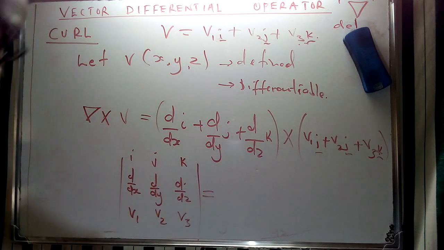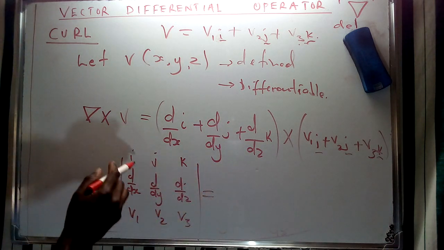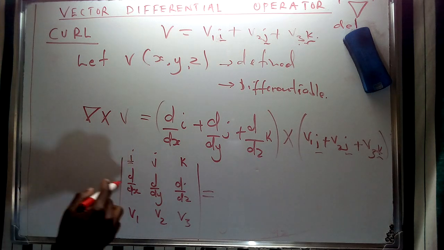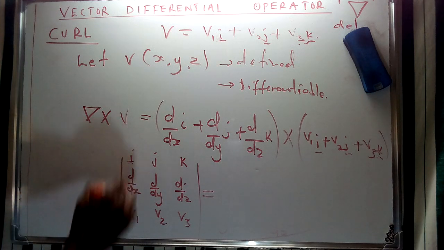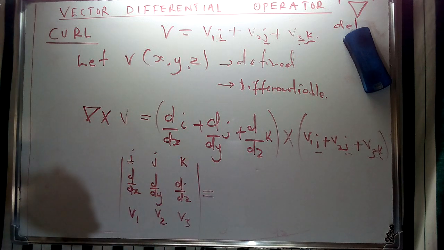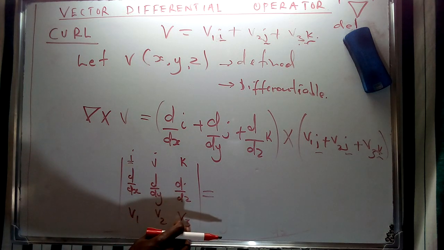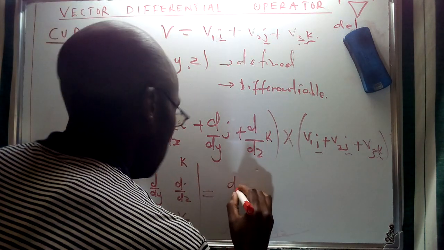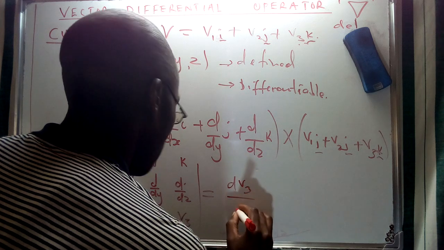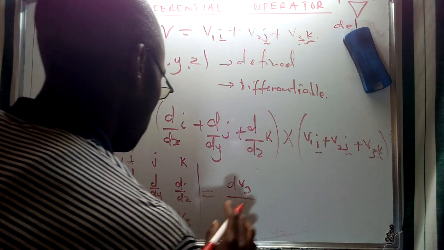So this is going to give us what we refer to as a vector quantity, whereby from the basic operations we're going to hold this specific i, and we delete the ith column and of course this specific row, and we're going to multiply the components of V for dy and V3.